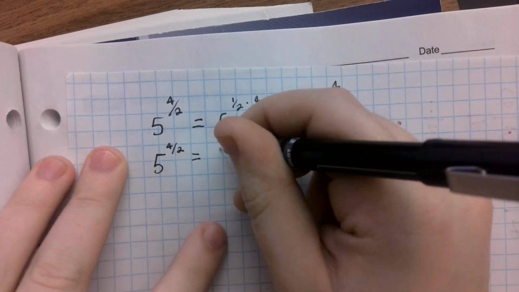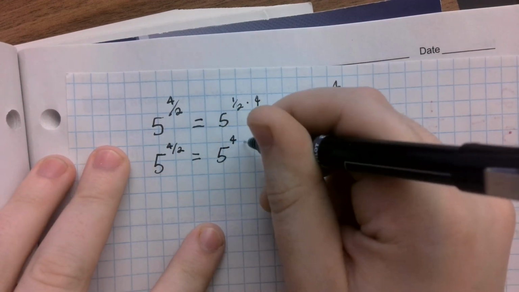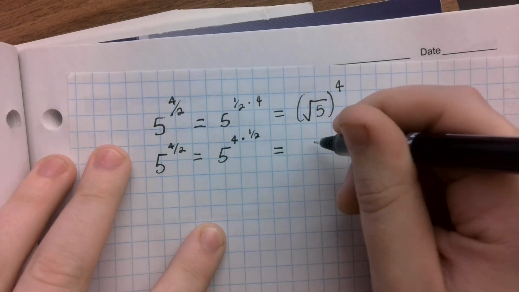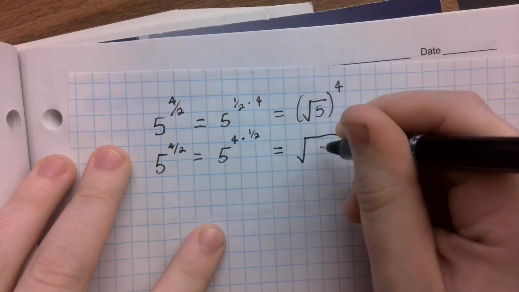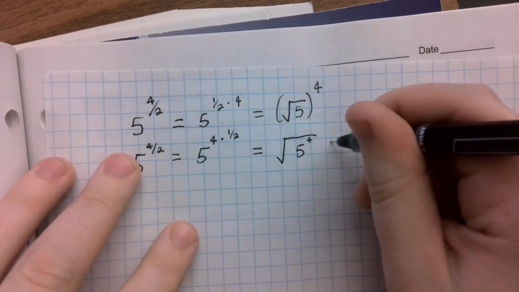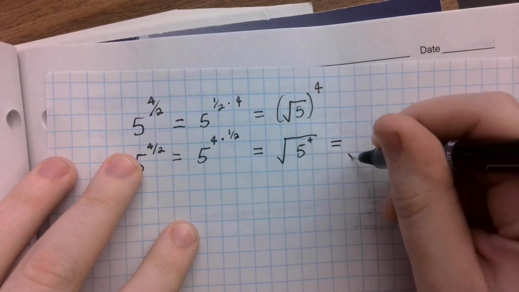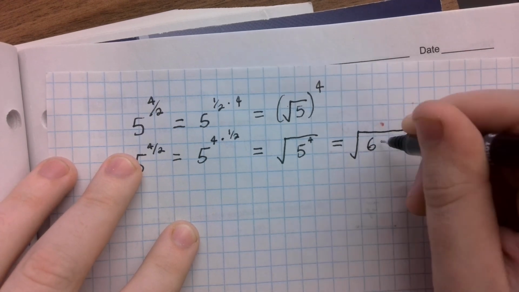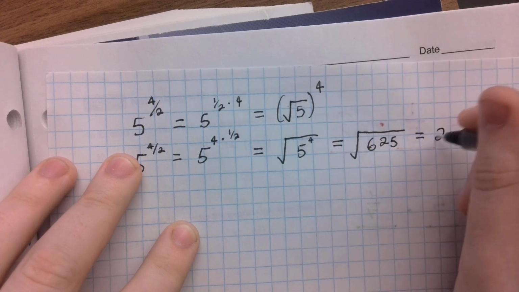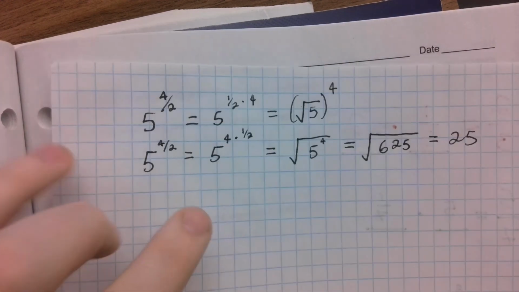Let's say we have 5 to the 4th times 1/2 power. This would just be the square root of 5 to the 4th. Well, 5 to the 4th ends up giving us 5 times 5 times 5 times 5, 625. And the square root of 625 is 25.